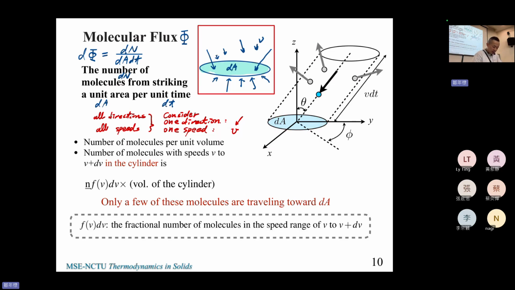Why? Because a particle here with this direction and this V, the V times dt just hits that surface. But if the particle is farther away with V in that direction, in dt it will only fly to here, V dt, so it won't hit that area.